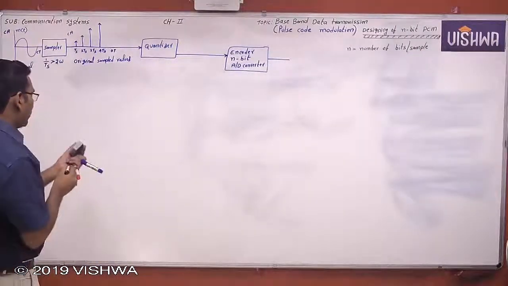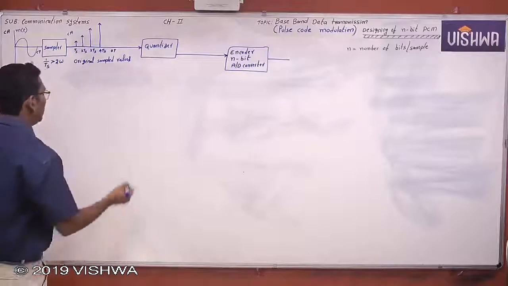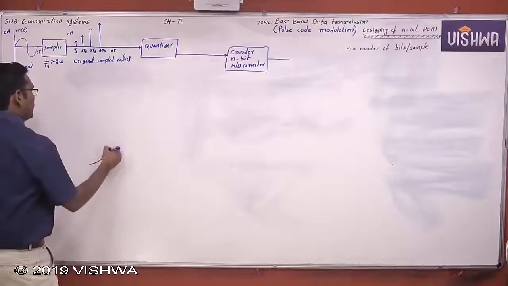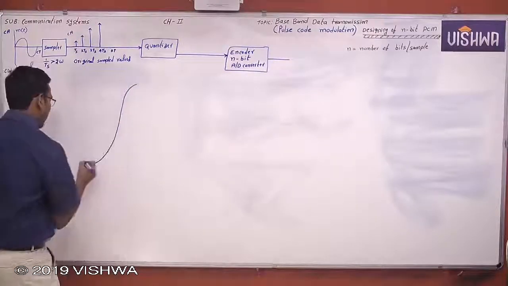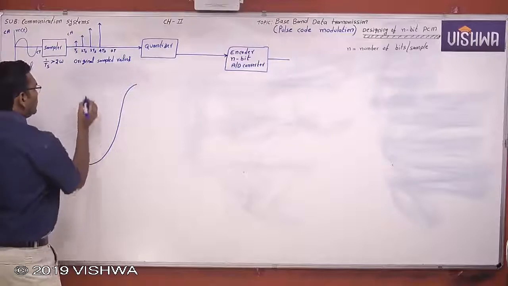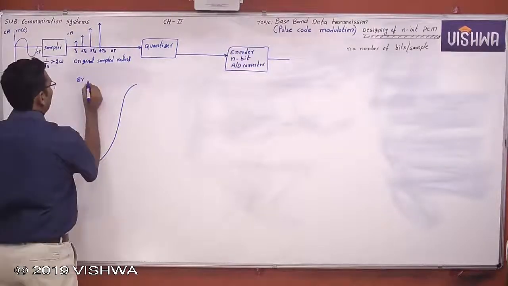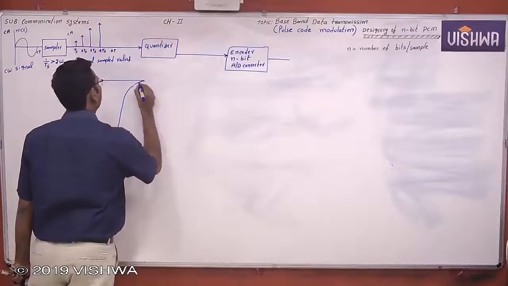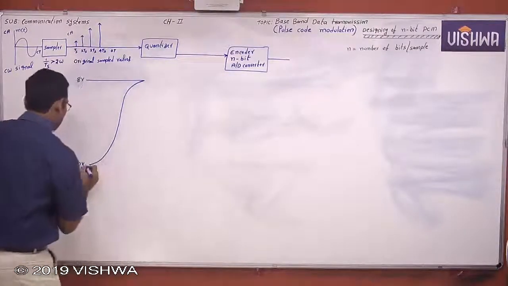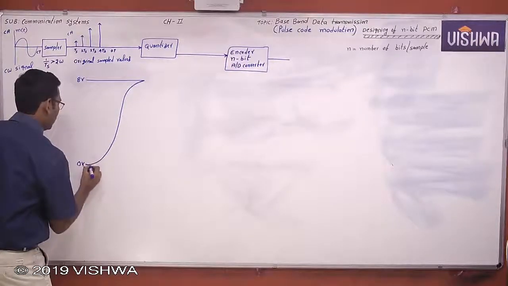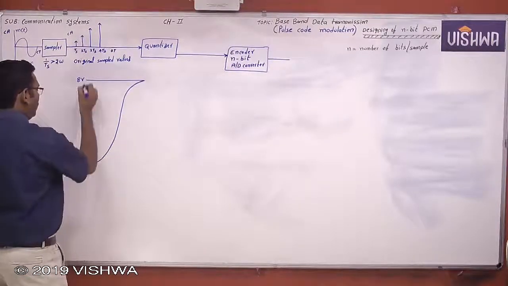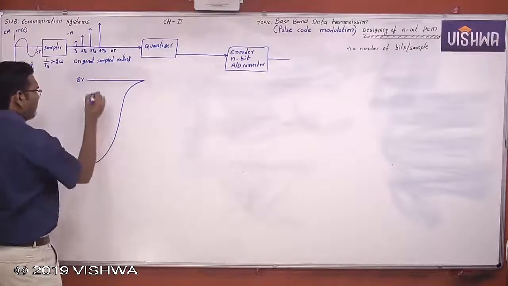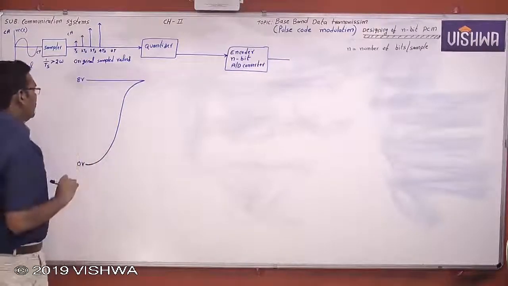Okay, then I will take one small problem. Now see here, this is a signal whose peak amplitude varies from 0 to 8 volts.